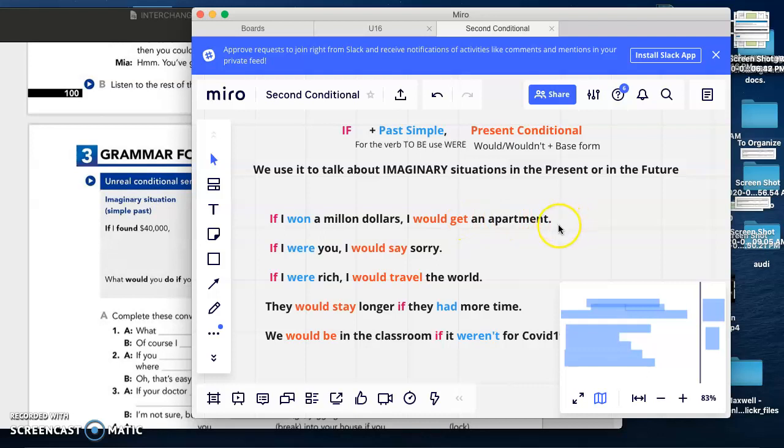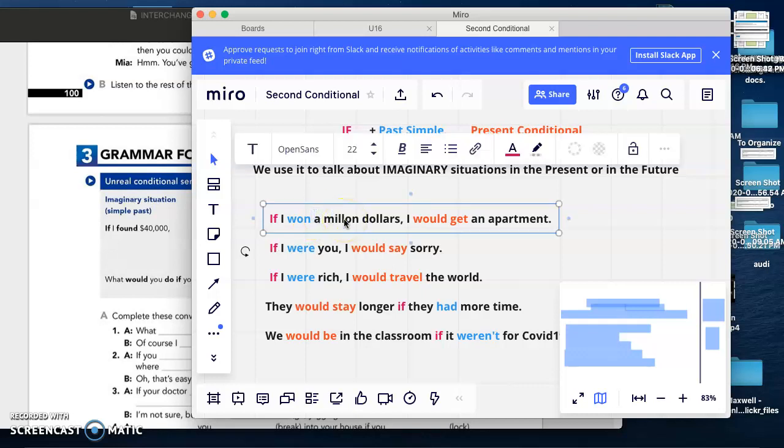Then we have another example. If I were rich, if I were you, I would say sorry. So in here, these are imaginary situations. I don't have $1 million, so I am just imagining what I would do if I won $1 million.